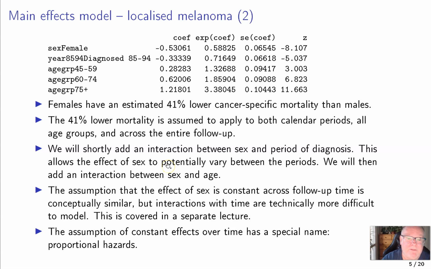We'll start with calendar period because it's binary, so it's easier to do technically, but then age is more interesting from a biological standpoint. And there's also the assumption that the effect of sex is constant across follow-up time. That's the assumption of proportional hazards, and we'll look at that assumption in a separate video. So it's conceptually the same, but technically more difficult.